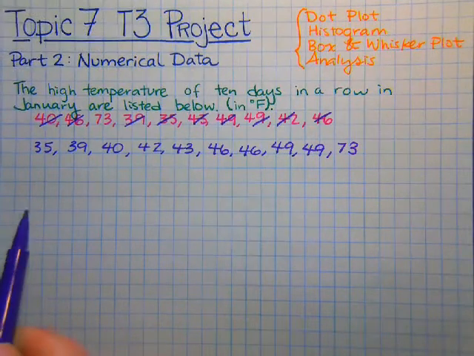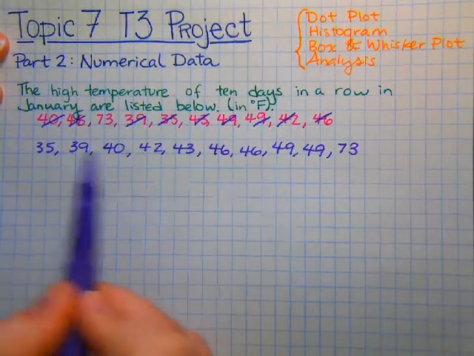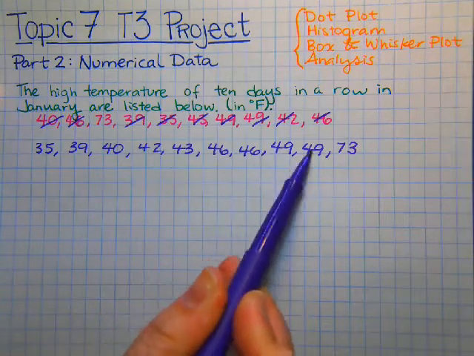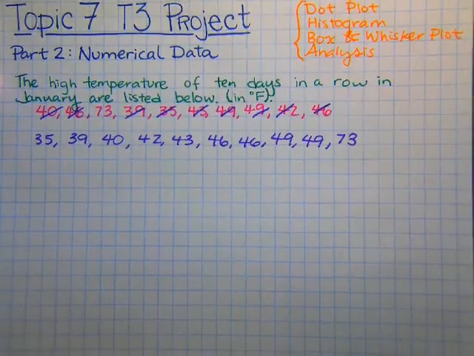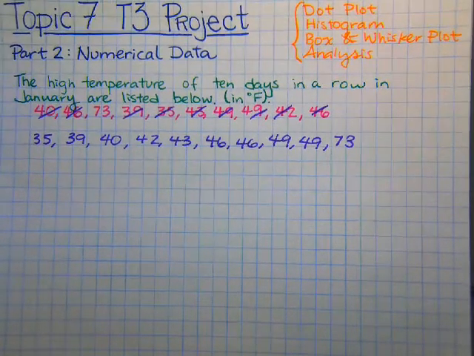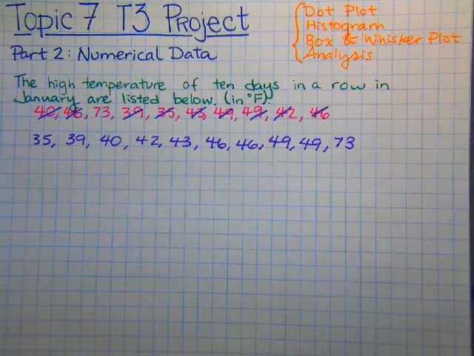So pretty high compared to the rest of the numbers. Let's just count these real quick. Okay, great. And so now we know that of these 10 days that the coldest was a high of 35 and that the warmest was a high of 73 degrees.